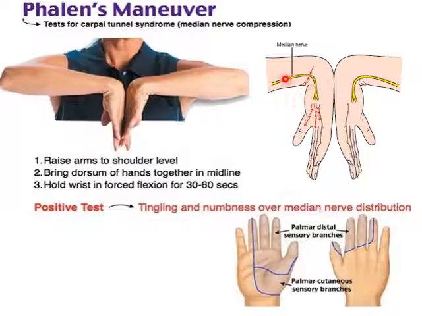This causes compression of the median nerve, causing numbness and tingling sensations for the lateral 3.5 fingers on the palmar aspect as well as on the dorsal aspect till the middle phalanx for the index and middle finger, and only to the terminal phalanx for the thumb. If tingling and numbness is felt by this maneuver, then the test is positive, confirming compression of the median nerve in the carpal tunnel.